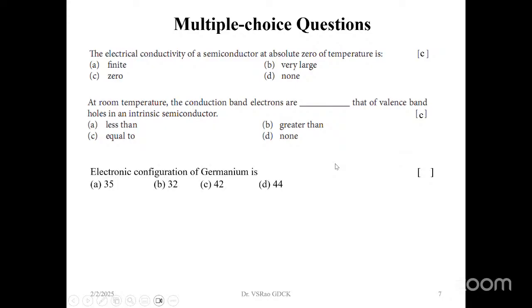Next, the electronic configuration of germanium. Based on the atomic number, you need to write it down. Germanium is 32, and based on that, you need to write.